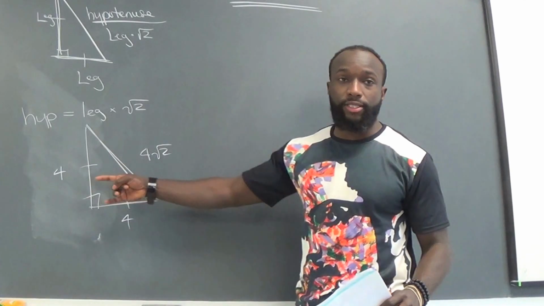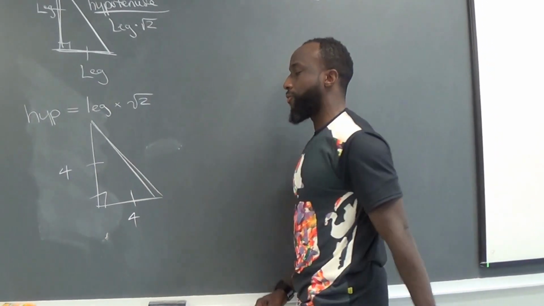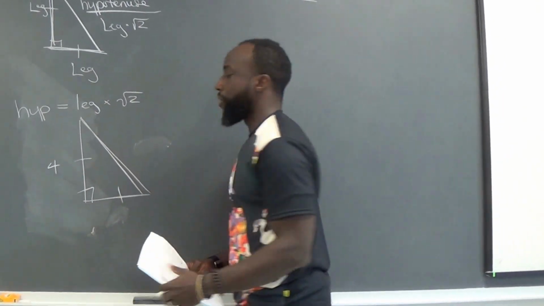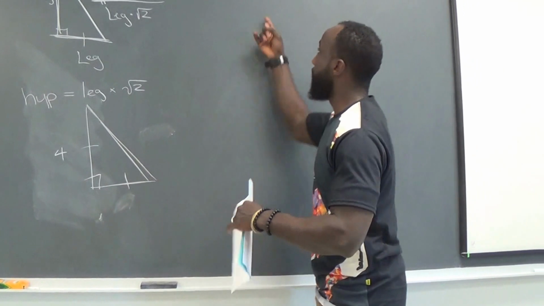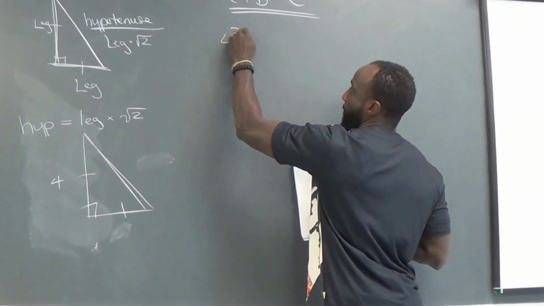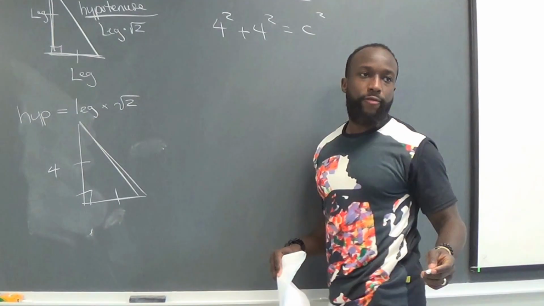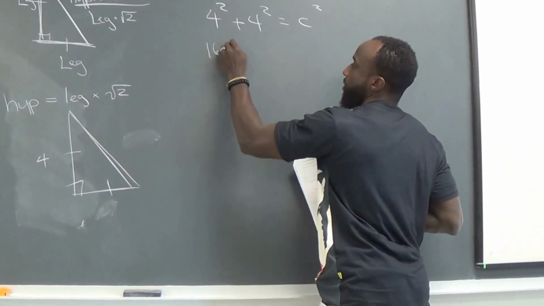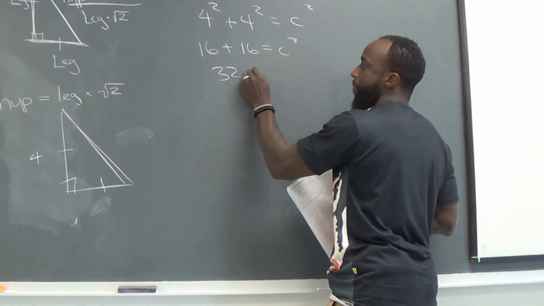This is how I can prove that this works for us. If we didn't have the rule, and we know that these two are equal, we use the Pythagorean theorem: 4 squared plus 4 squared equals c squared. 4 squared and 4 squared are 16. 16 plus 16 is 32.